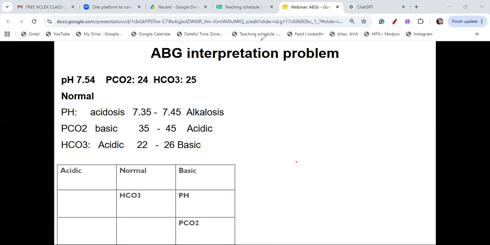We are yet to introduce the compensatory bits, so I just want you to put it blank. After this, we introduce the bit of compensation.